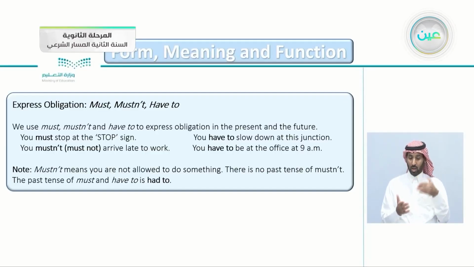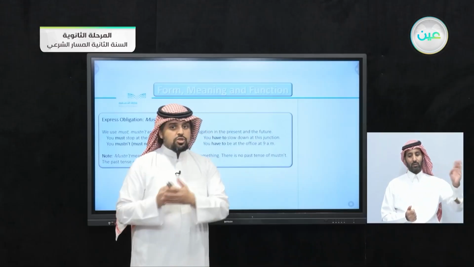Next example here, you have to slow down at this junction. You have to be at the office at 9 a.m. So have to and must are almost the same. It means something that you should do, and mustn't is the exact opposite. It's something that you shouldn't do.